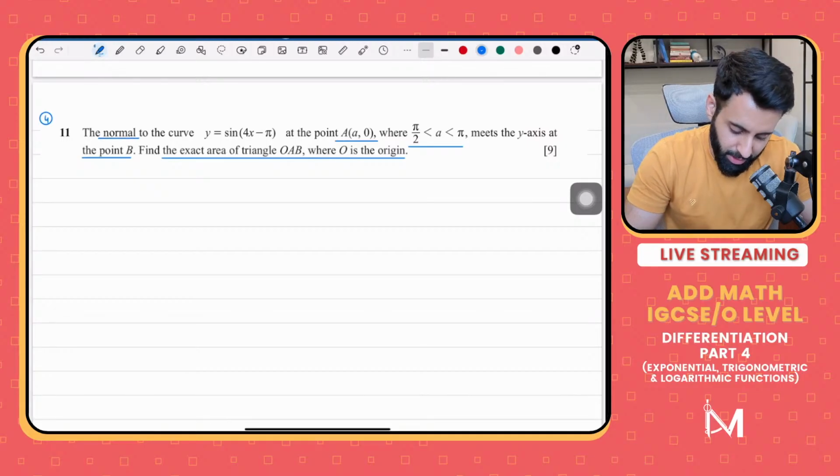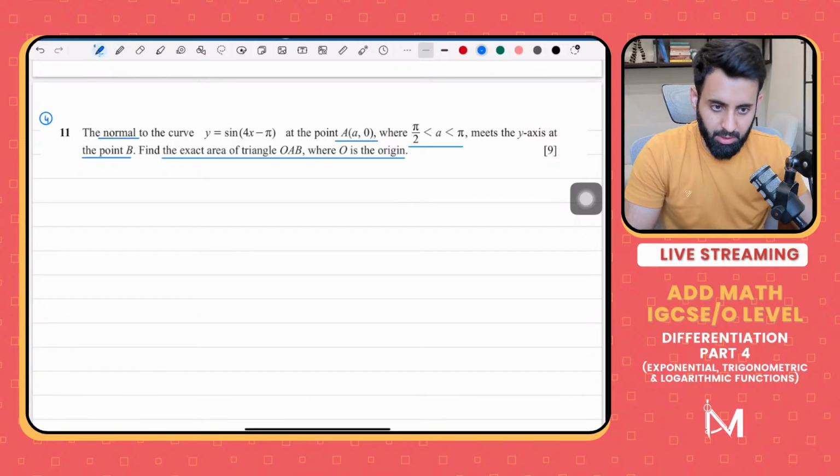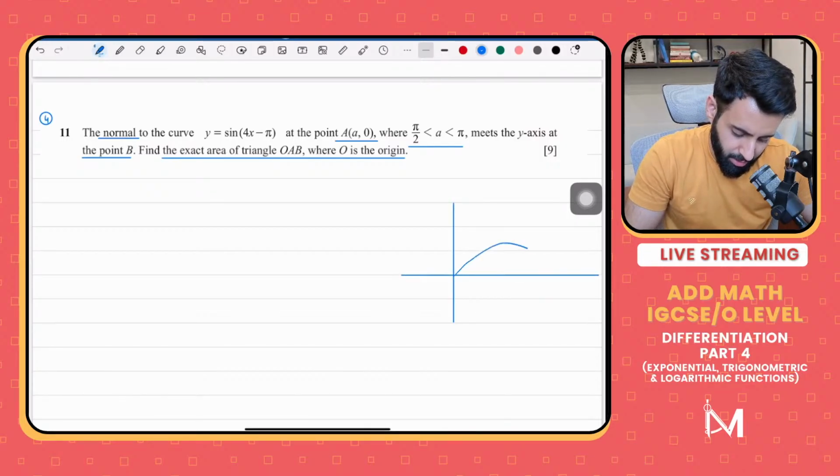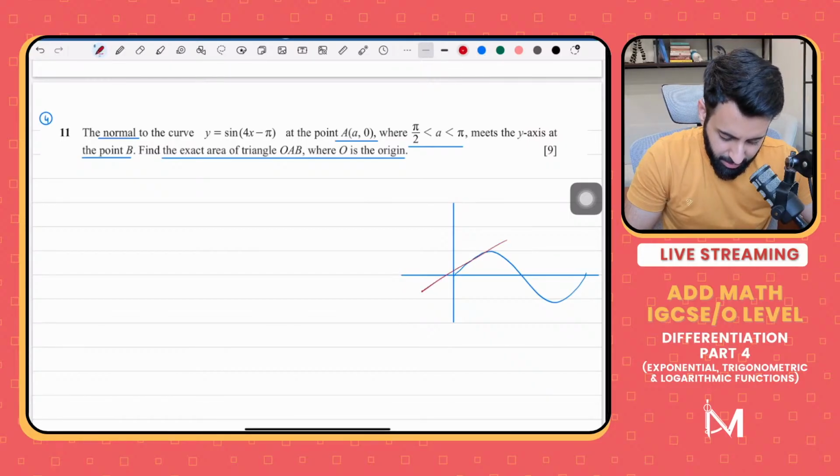ठीक है, अगर इसको हम एक roughly visualize करें तो this is what it looks like. ठीक है, बहुत ही रफ हम एक इसकी visualization कर रहे हैं. ये एक curve है, ठीक है, sine curve, just a very random sine curve. Okay, everything's totally random here. Now, the tangent to the curve is going to be like this. Okay, the tangent to the curve at a certain point is going to be like this.